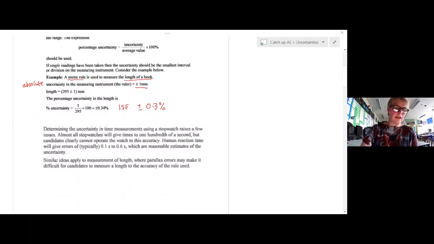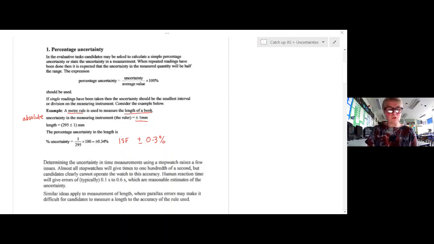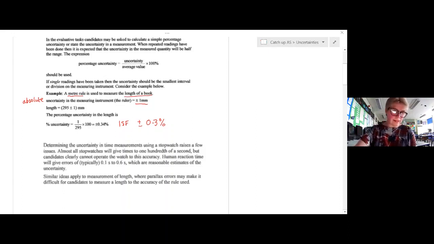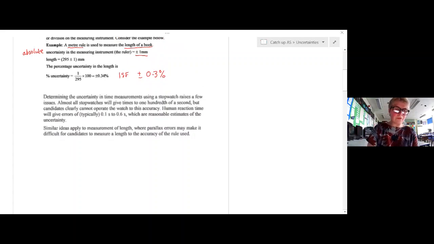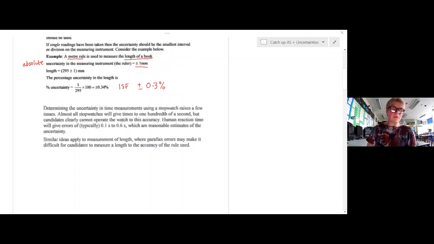Now, if we had to repeat readings, it's a little bit different for stopwatches, because stopwatches will read to plus or minus 0.01 of a second. We say that the resolution of a stopwatch is 0.1 seconds, but that is not the uncertainty or absolute uncertainty, because we've got to consider your reaction error or reaction time.